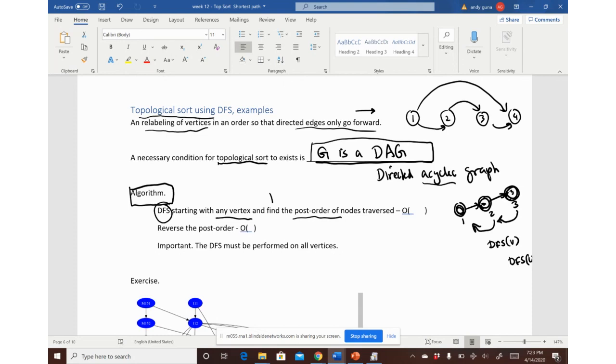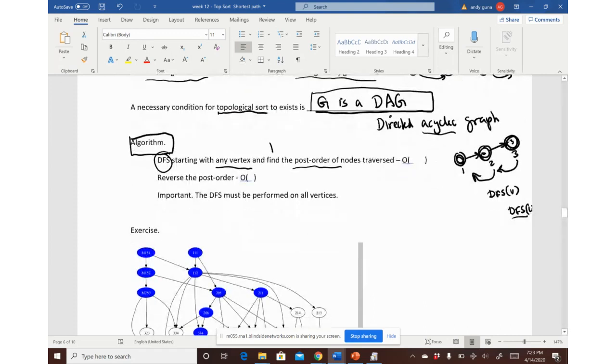Because of this, it'll go all the way to the end before it pulls back. So in the DFS algorithm, we're going to find the post order, which is 3, 2, 1 in this case, and then we're going to reverse the post order. So let's ask the question, what is the complexity of finding a post order of node traverse?